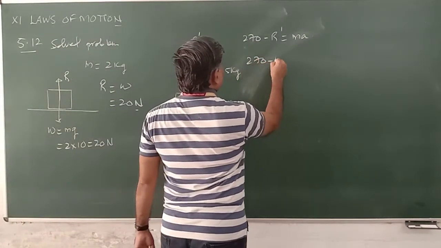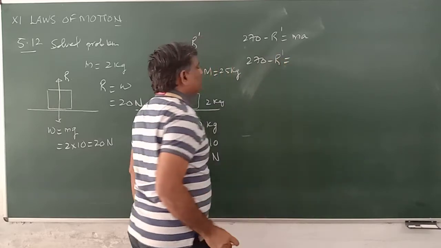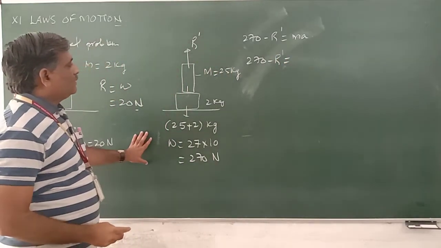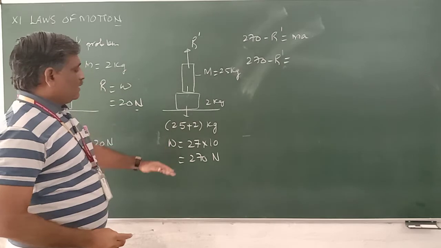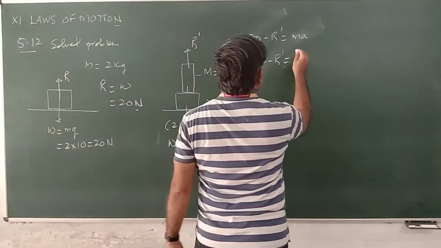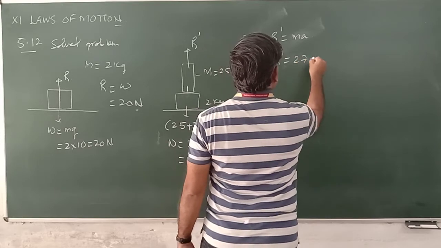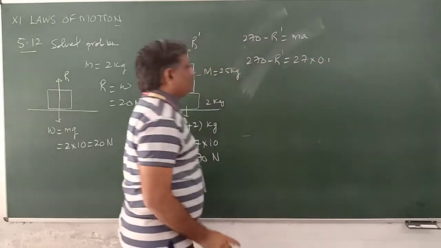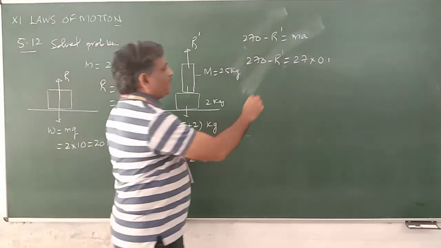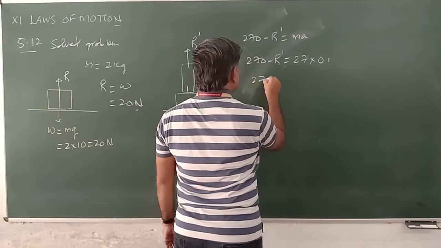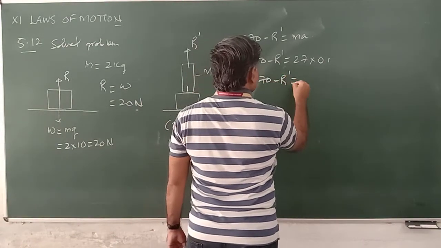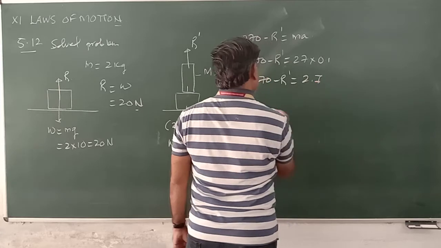So 270 minus R prime is equal to MA, with mass 27 and acceleration 0.1. So 270 minus R prime is equal to 2.7.